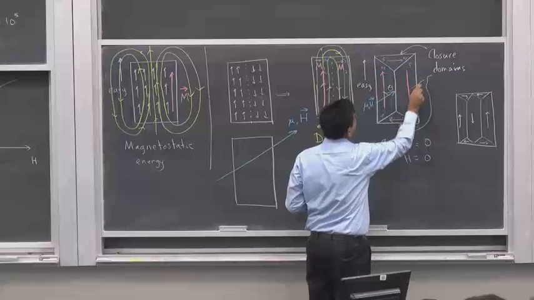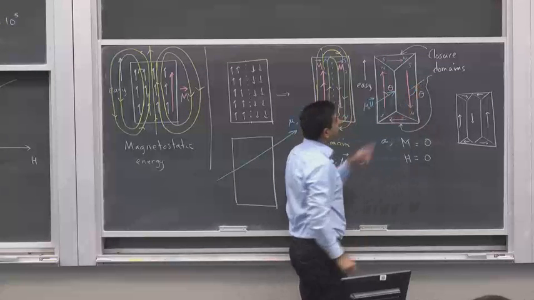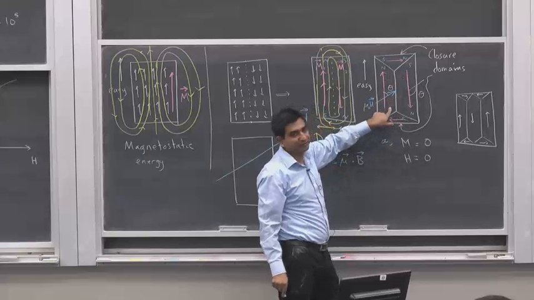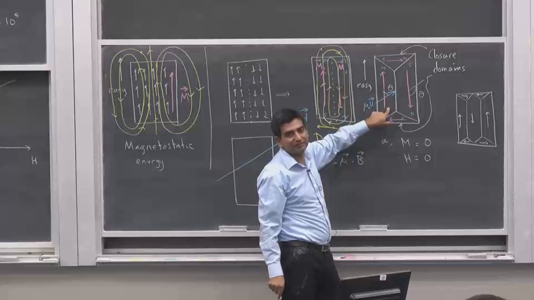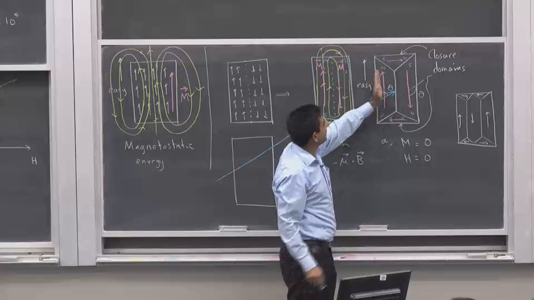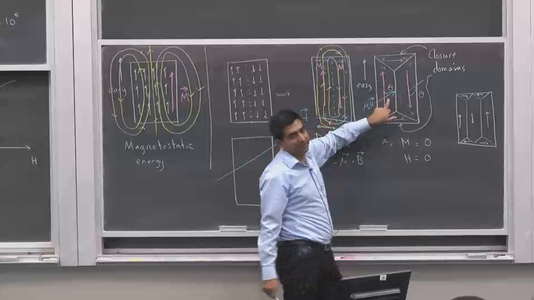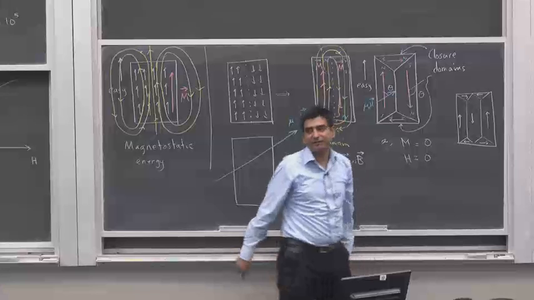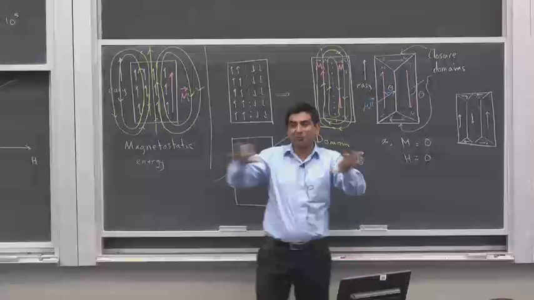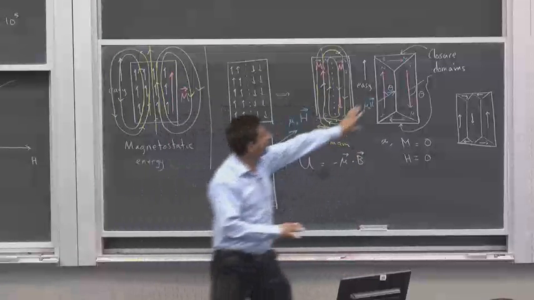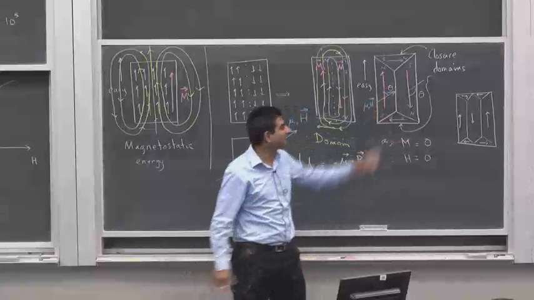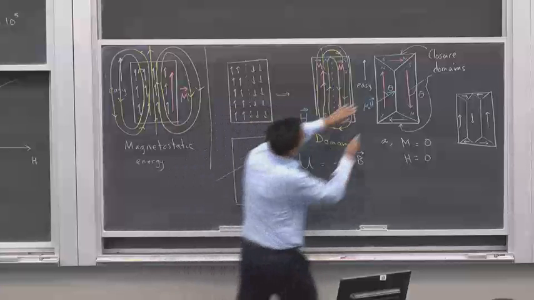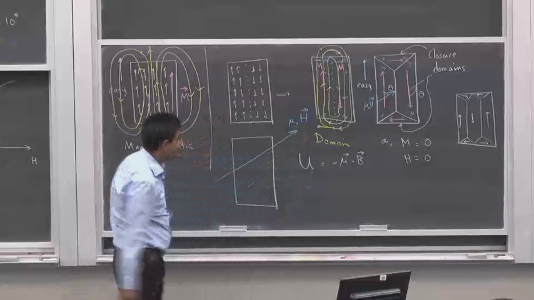For this configuration, theta is large, so this has a higher energy in the external field. This domain has a magnetization somewhat parallel to the applied field, and this domain has a magnetization somewhat anti-parallel to the applied field. So this domain will like to grow. It will try to eat up the smaller domain. The total volume is fixed. So the left domain is going to grow in size, like this.